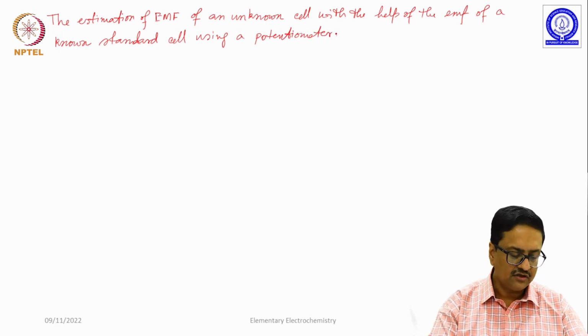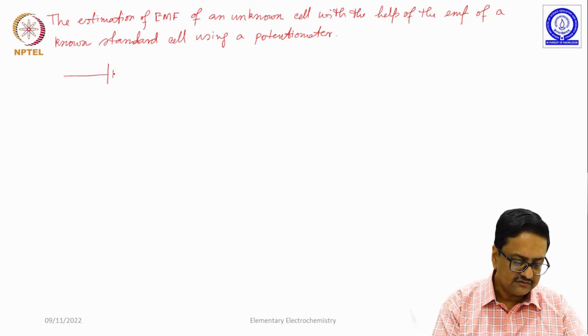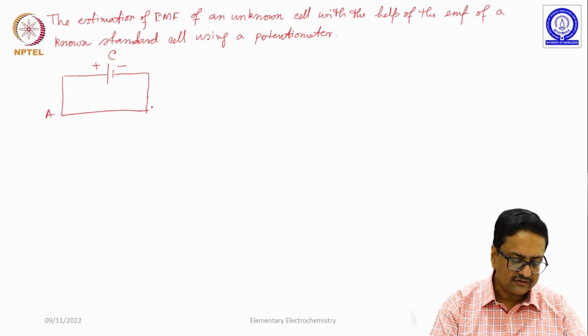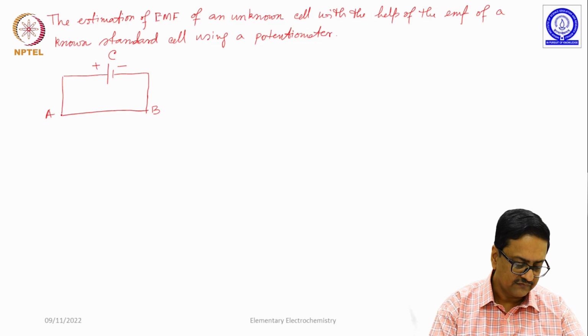So, let us first draw the potentiometer circuit and then I will explain its function. We have a cell connected like this, which is marked as C, and we have a wire connected from A to B of uniform cross section.